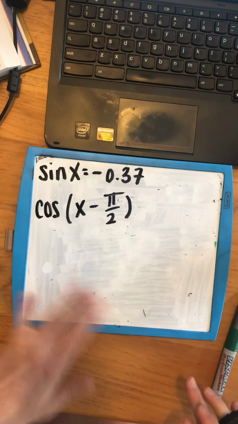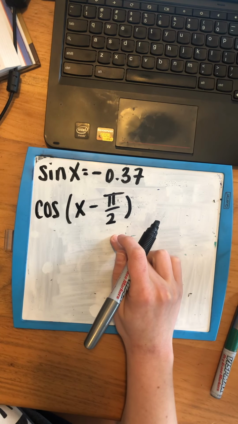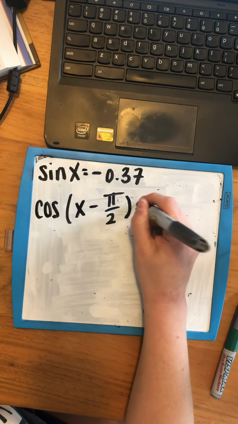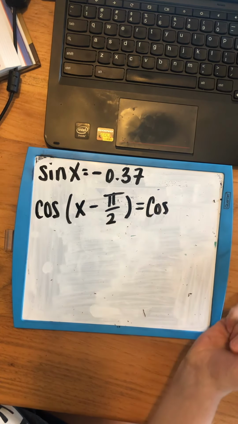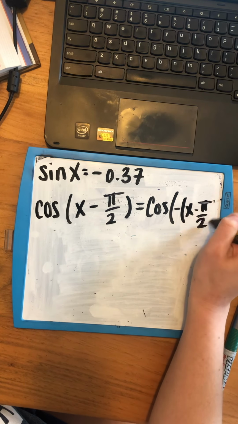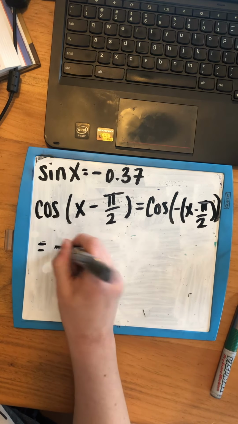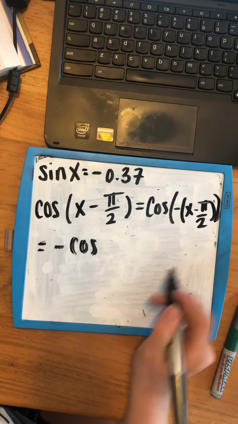All right, well, let's first look at cosine. We know that cosine of x minus pi over 2 is equal to cosine of negative x minus pi over 2. If we take out the negative, we get negative cosine.